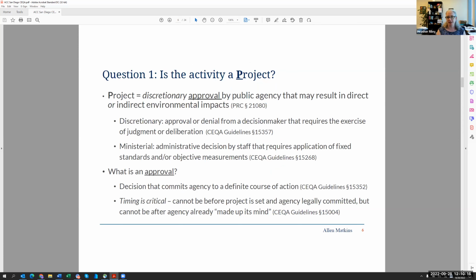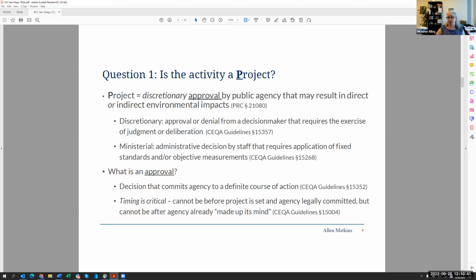So the first question is: is the activity a project? I've highlighted and underlined the terms that are defined terms, to the extent that these terms can be defined. As it says on the screen, discretionary approval by a public agency that results in a direct or indirect environmental impact. Discretionary is one of the key terms of CEQA. If your action is ministerial, CEQA does not apply, period.